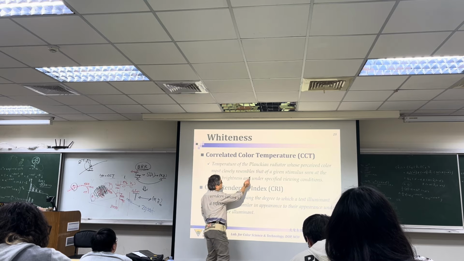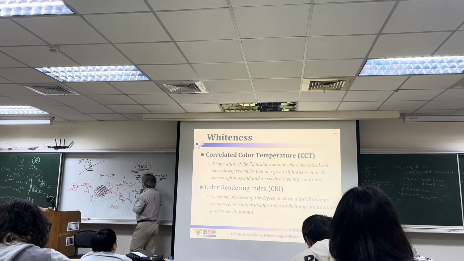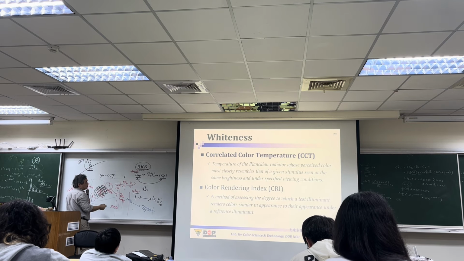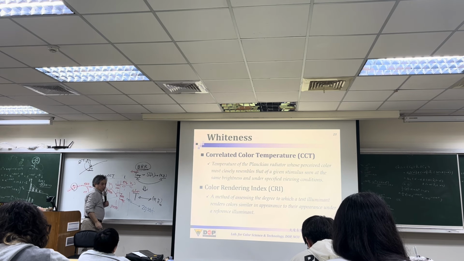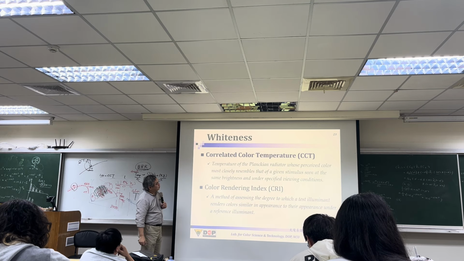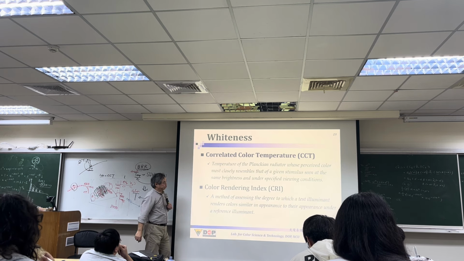So it is the Planck radiator. Sometimes the black body radiation is explained by Planck theory, so we sometimes say there is a Planckian radiator. So it talks about how white it is.